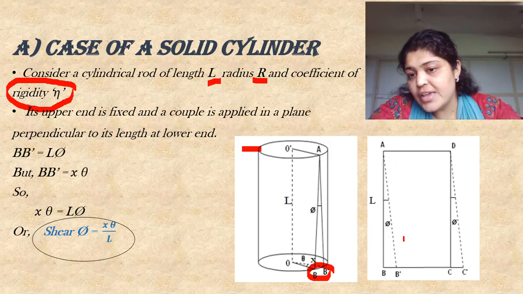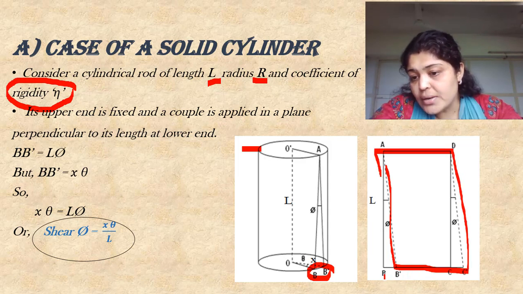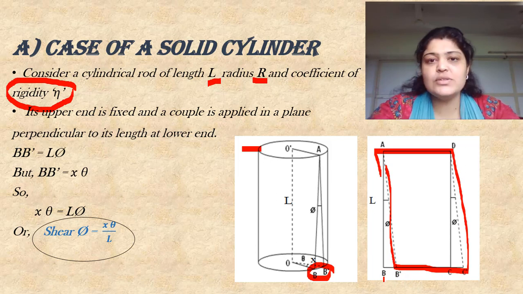So this cylinder opened up into a rectangle, but because of this shear, it will actually be a parallelogram, wherein only the bottom layer has displaced. This bottom layer is B dash, C dash.